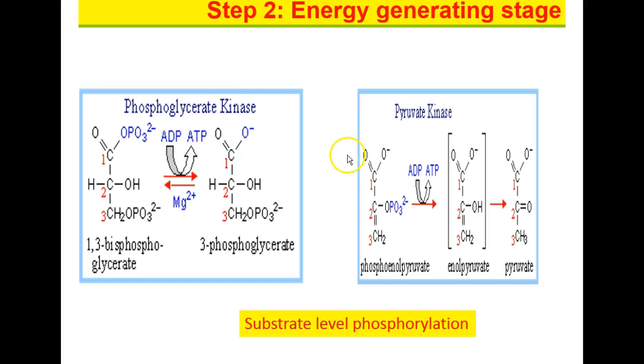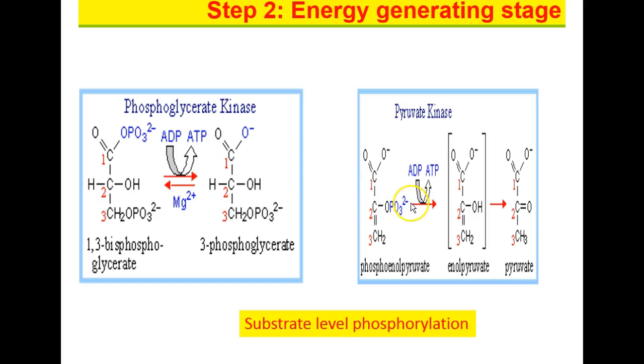The second dephosphorylation step occurs at the end of the energy-generating stage. When phosphoenolpyruvate is dephosphorylated, the phosphate group is given to ADP, which then turns into high-energy ATP. Pyruvate is the stable product of the reaction. Pyruvate kinase is the enzyme that catalyzes this step.